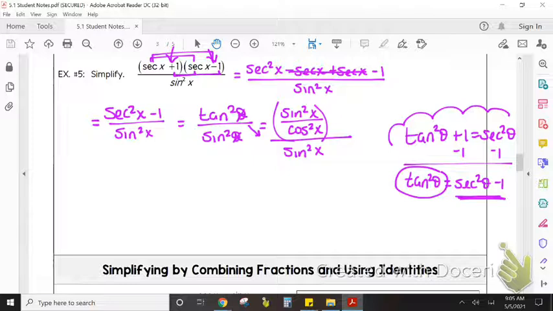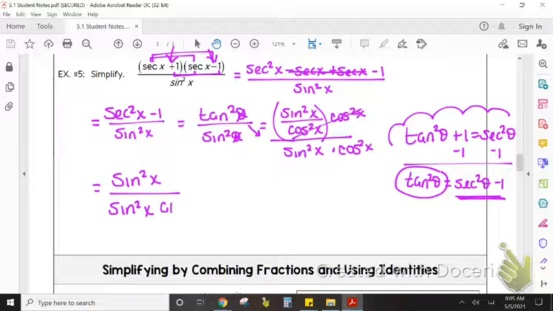So we want to get rid of this cosine squared here, so we get rid of this little fraction. Multiply the top of the big fraction and the bottom of the big fraction by it. So when I do this on top, I'm left with sine squared of x over, on the bottom I have sine squared of x times the cosine squared of x.